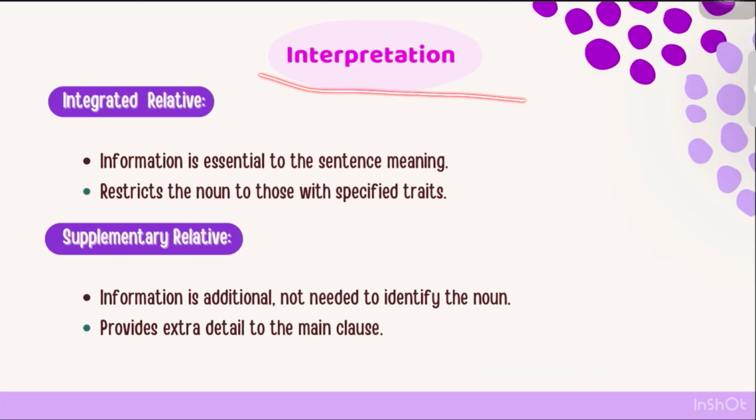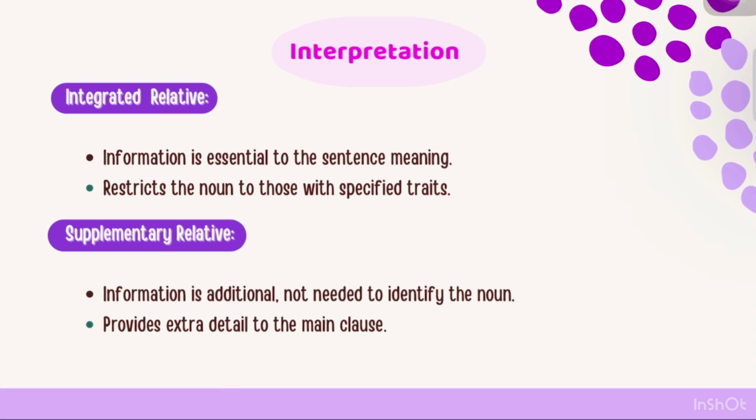And the second is interpretation. The key difference is the information they give. Integrated relative gives essential information to the sentence meaning and restricts the noun to those with a specific trait.